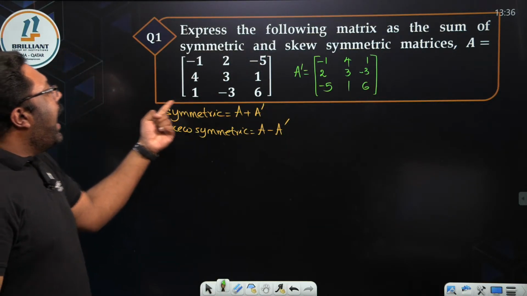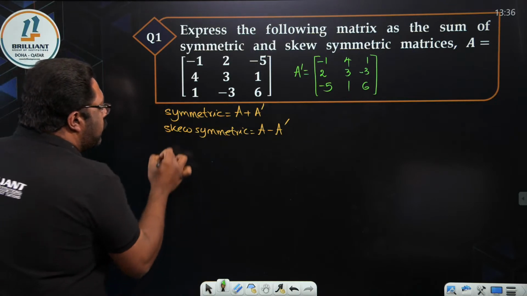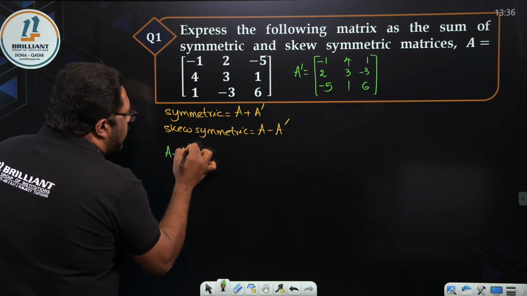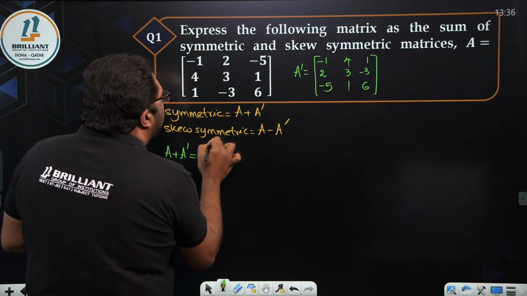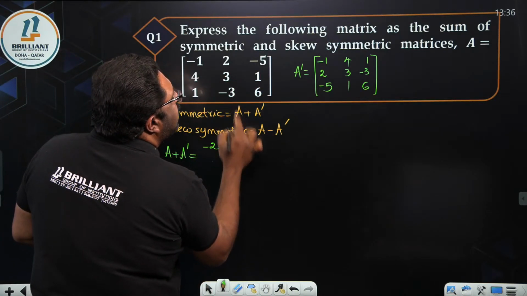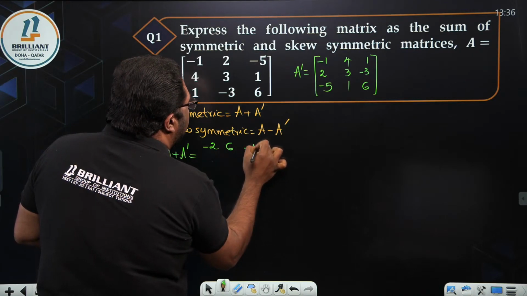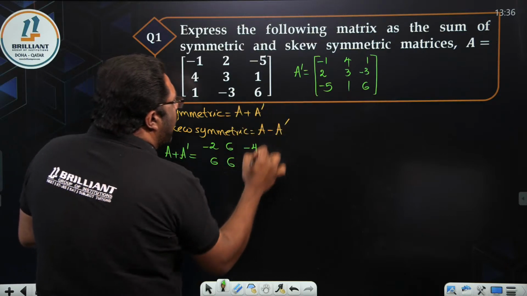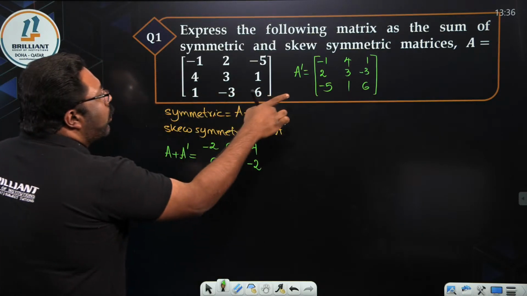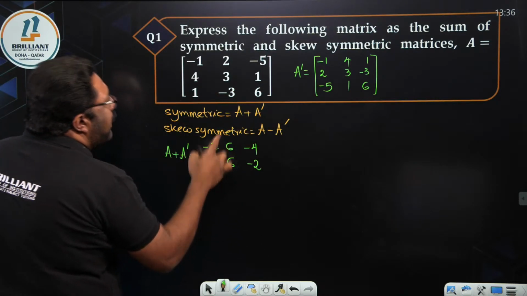Now if you add these two, what do you get? What is A plus A dash? Minus 1 plus minus 1 is minus 2. 2 plus 4, 6. Minus 5 plus 1, minus 4. 4 plus 2, 6. 3 plus 3, 6. 1 minus 3, minus 2. 1 minus 5, minus 4.